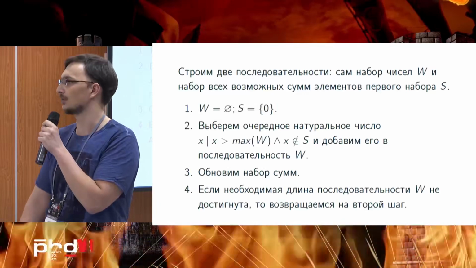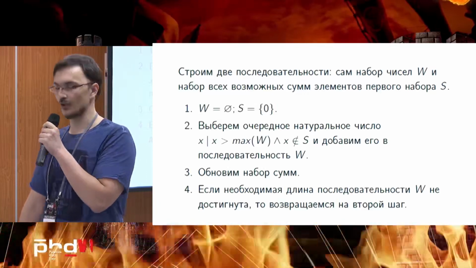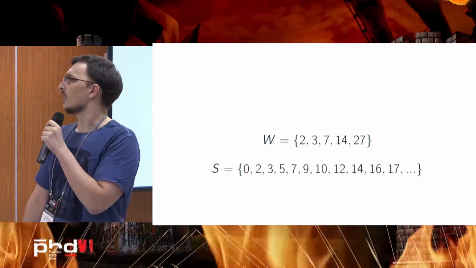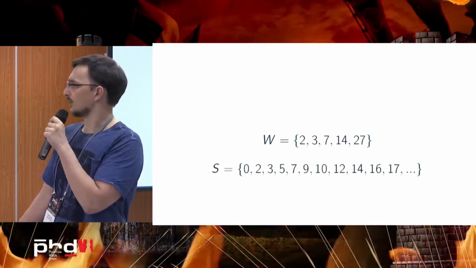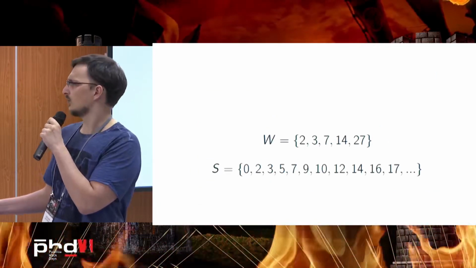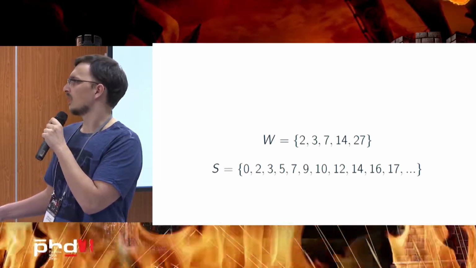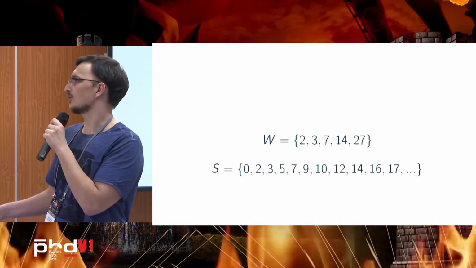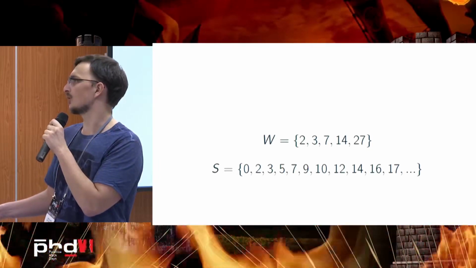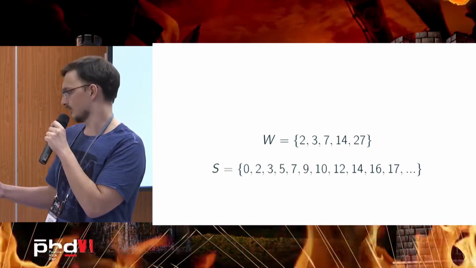We add, update the sums, and we'd like to give you a few examples. We'll start from 0, we take 2, we add 2, so it's 0, 2, we get 3 and 5 and so forth.